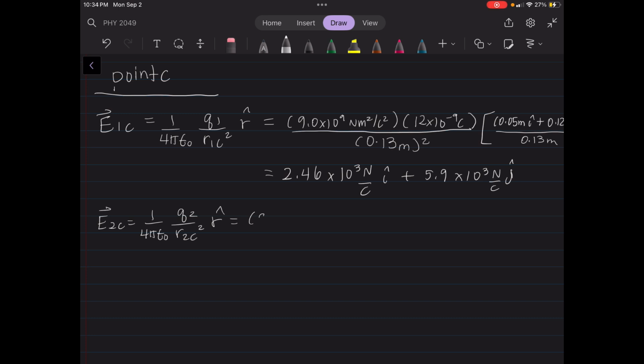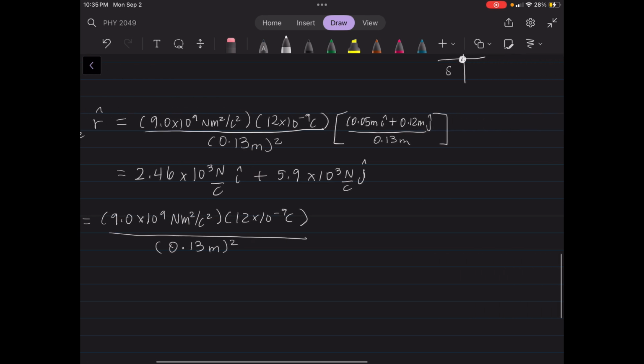So let's go ahead and write down the distance between point 2 and C, which is exactly the same as 1 and C because it's at the point of that isosceles triangle. And so now we're ready to do r hat.